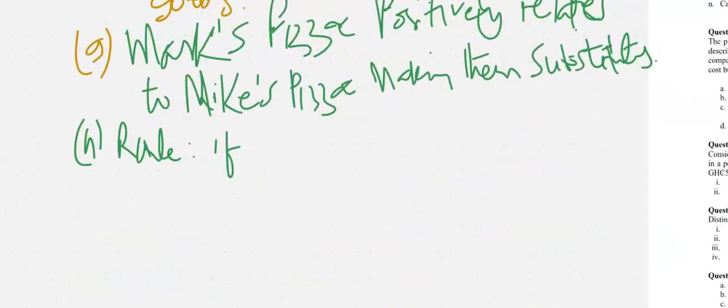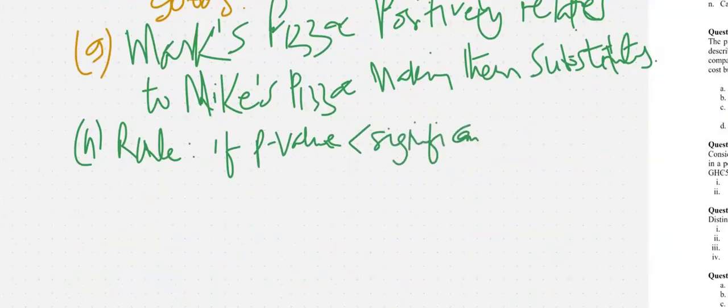Okay, so the rule is if p-value is less than significance level, there's a more standardized way of writing it, but let me use this one, which will be easier.